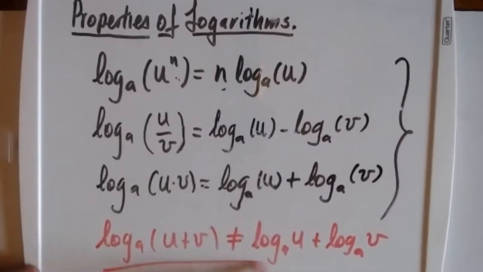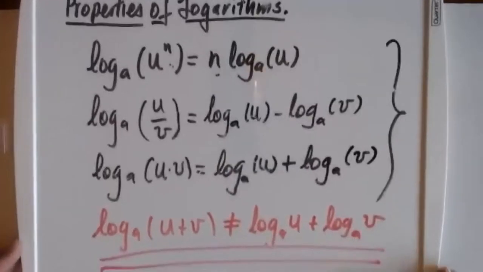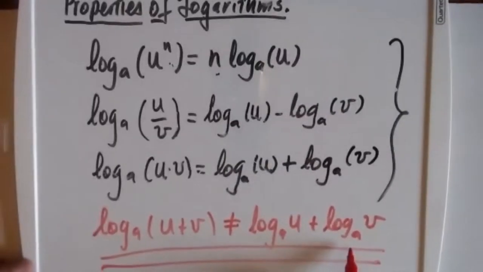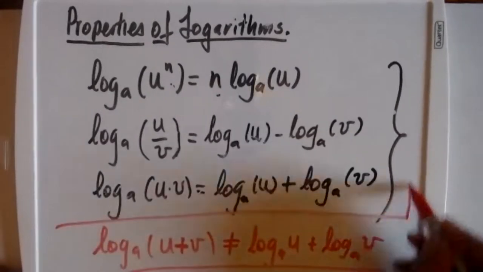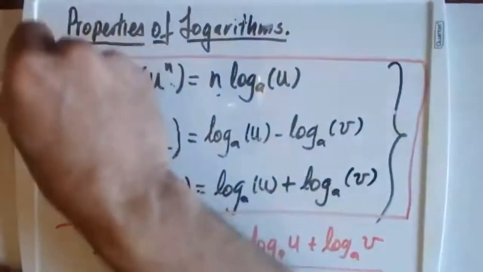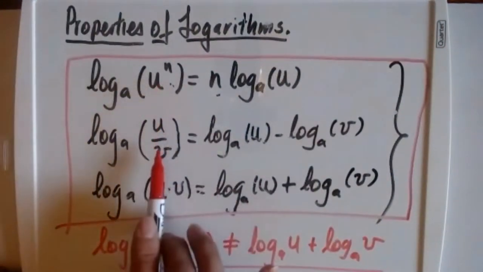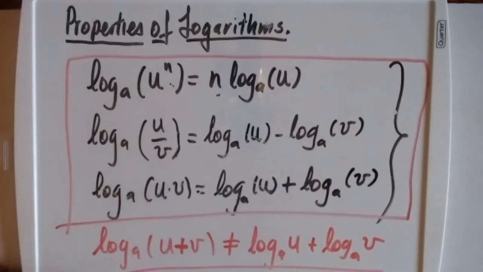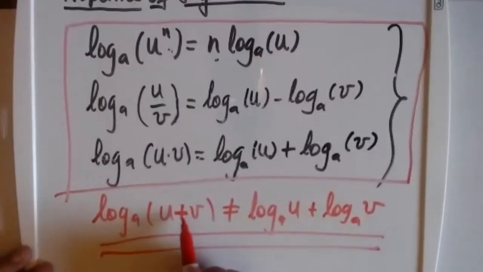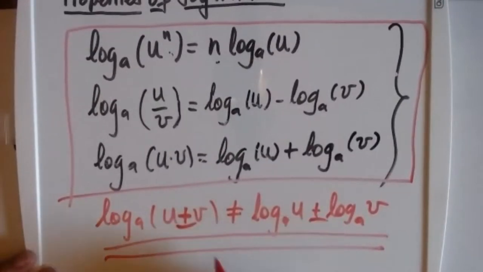This is not possible. This is a mistake. Don't fall in the trap. A plus is not the plus of the logs, never ever. The rules are the ones above, and they are related to powers, products, and divisions. Never additions or subtractions, correct? Never.